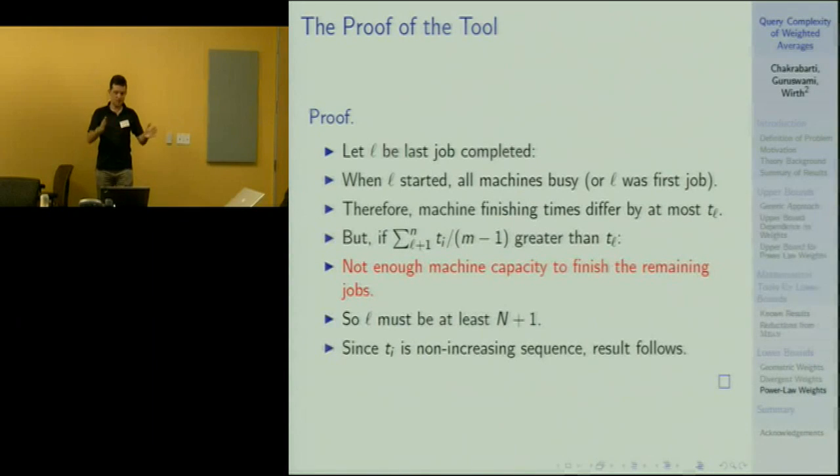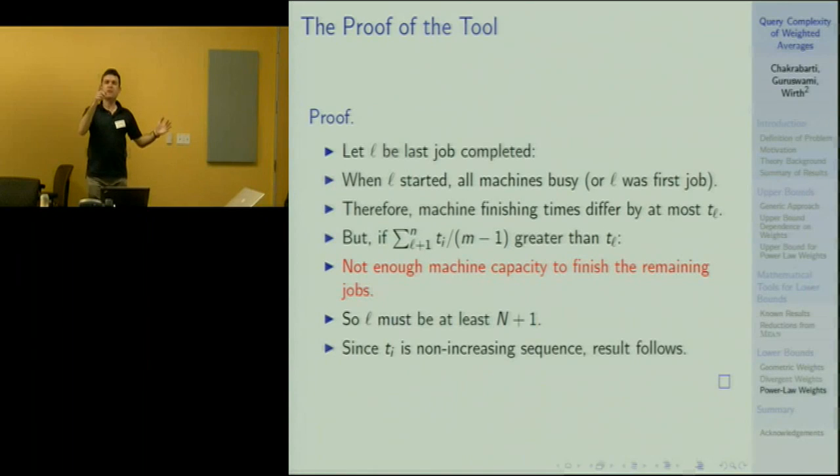So here's this job L, this last job to finish, and we've got this large tail of stuff. We're going to assign it to all the other machines while this one is working, but somehow this tail is so large that there's not enough machine capacity in the time in which it's supposed to finish to do everything. Because there are m minus 1 machines, and we've only got time T_L times those m minus 1 machines to finish everything else.